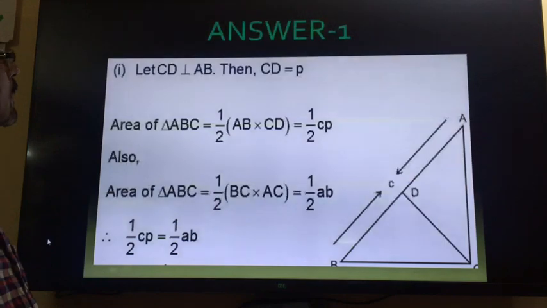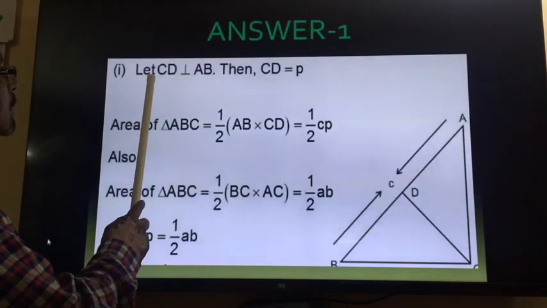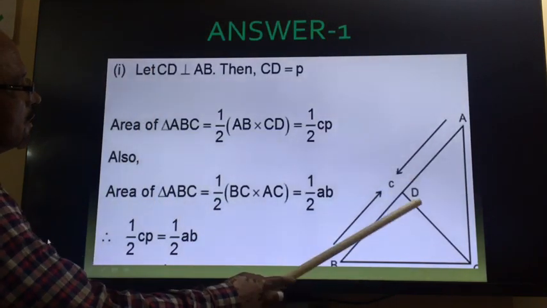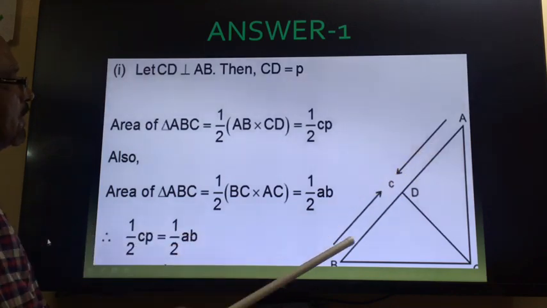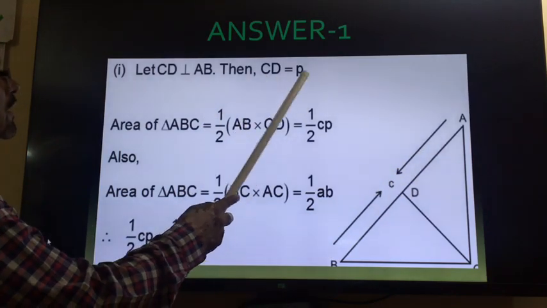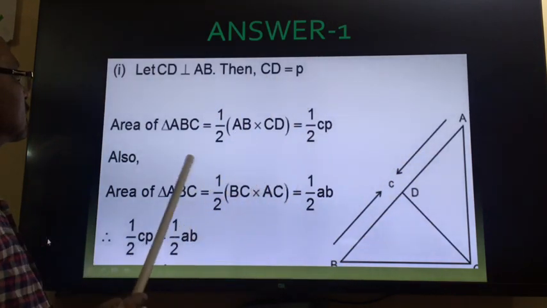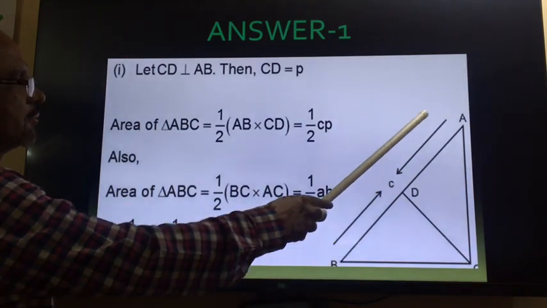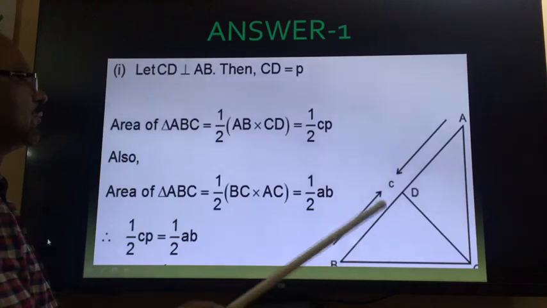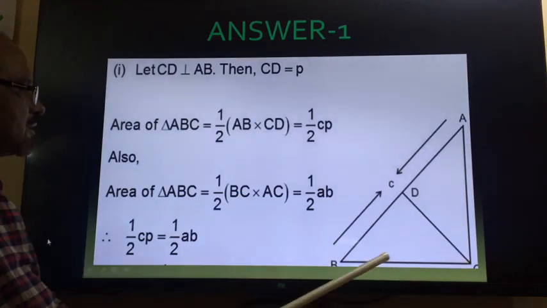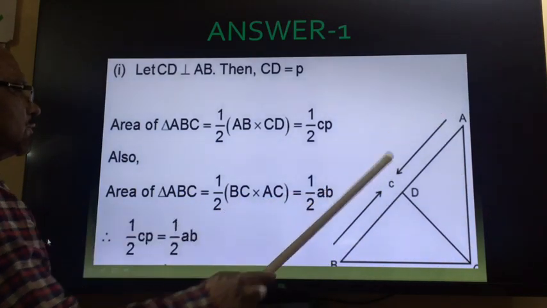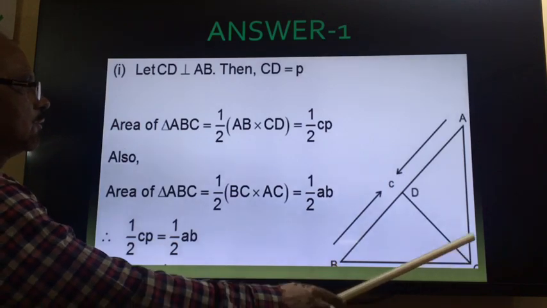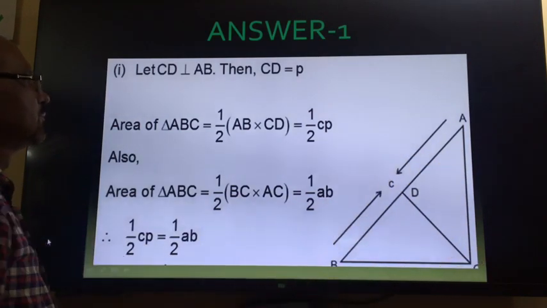First of all, CD is perpendicular to AB and CD is equal to p, it is given. So we will find out the area of this triangle ABC by using two methods. One is half into base into height, so half BC into AC.